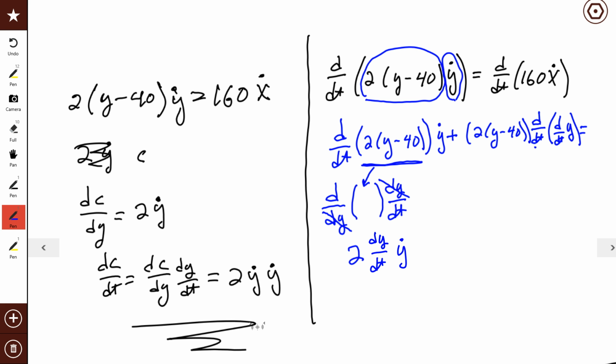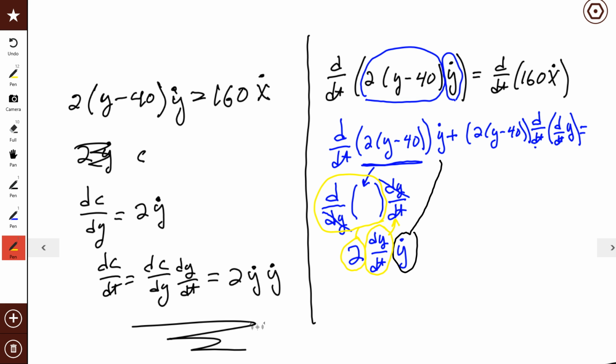This term comes down to this one, this term comes from right there, and this term comes from this piece right here.